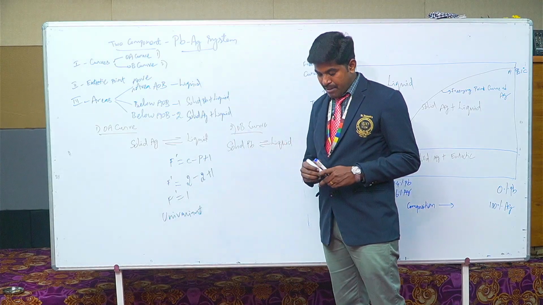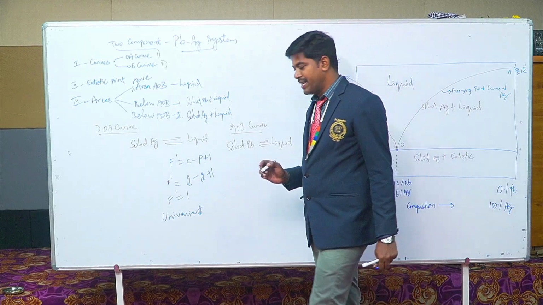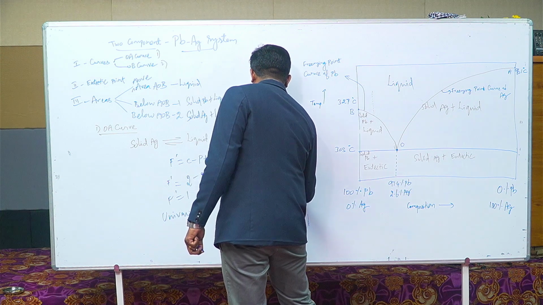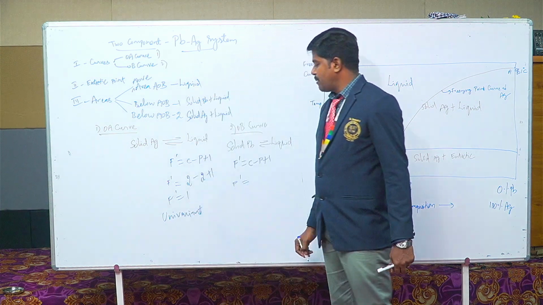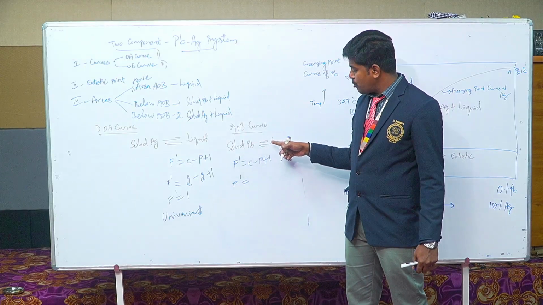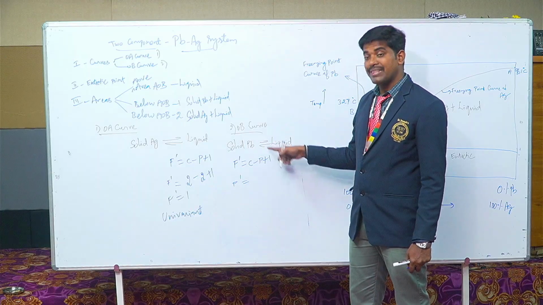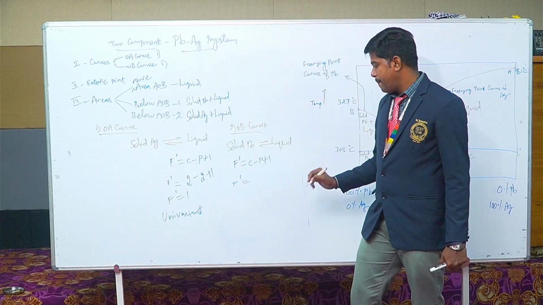Now we need to do the same process. By applying the reduced phase rule, we need to find the number of degrees of freedom. F dash is equal to C minus P plus 1. The number of components: as I told earlier, the first component is lead and the second component is silver. The silver is present mixed with the liquid, so the liquid contains both lead and silver.